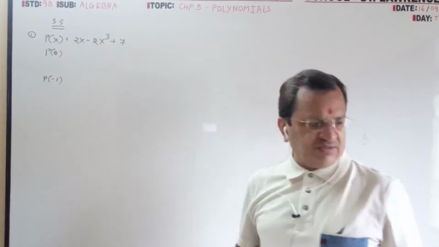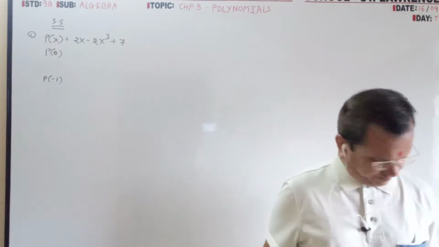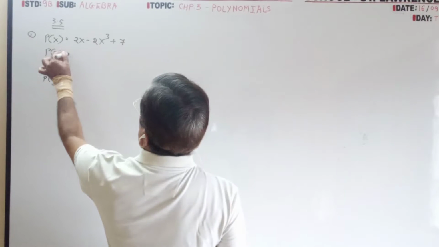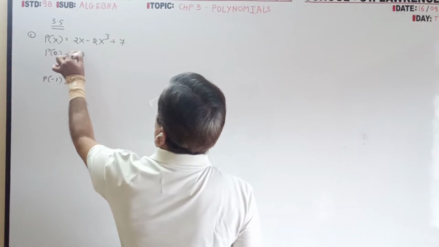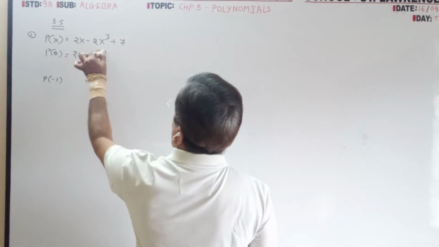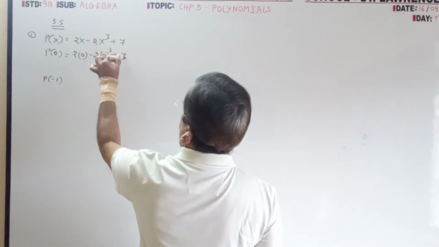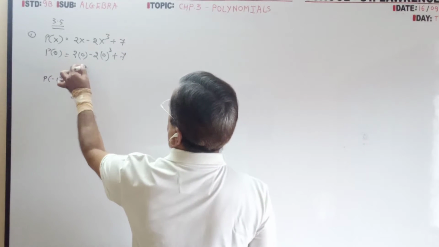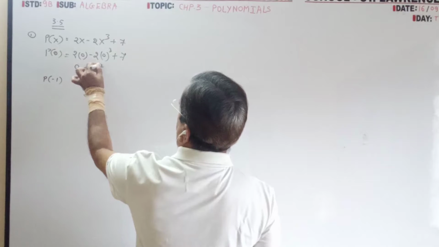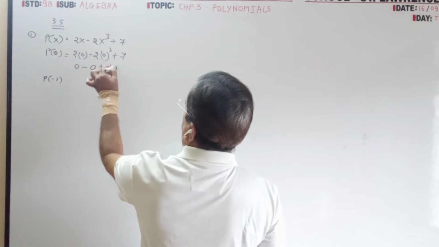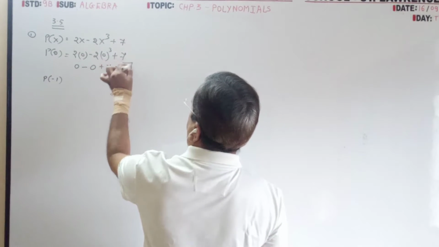Different values will be given to you. So if it is 0, then 2x is 0, 0 into something is 0, plus 7. So the final answer is 7.